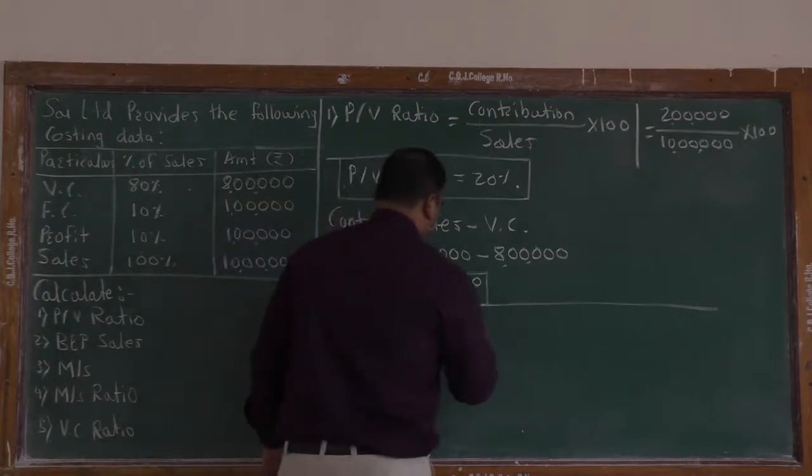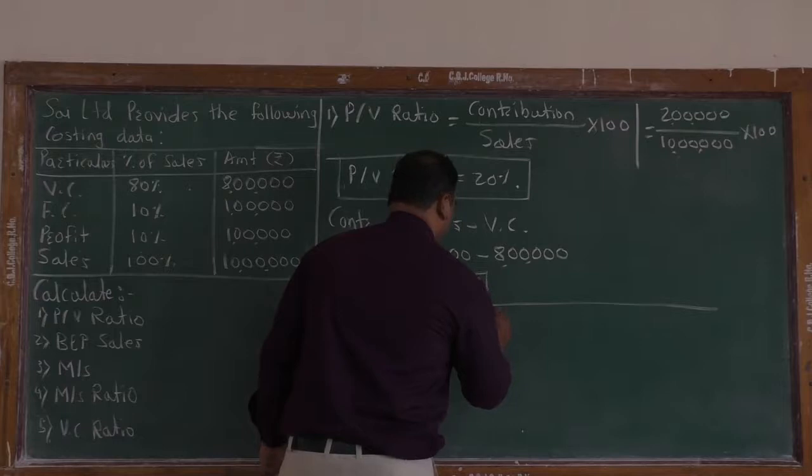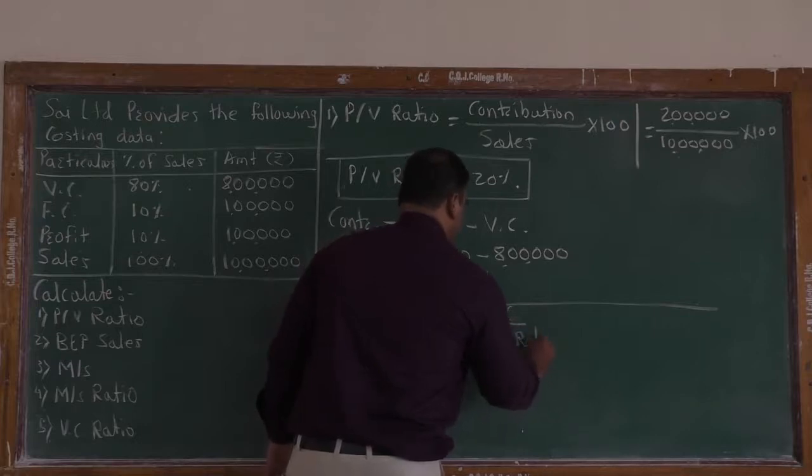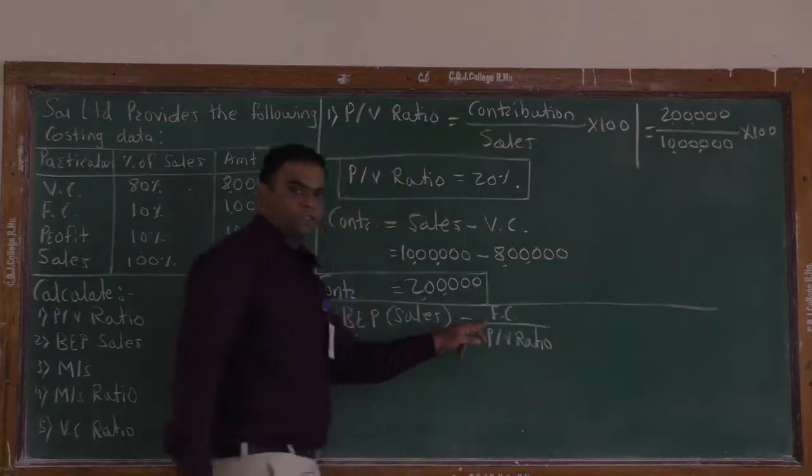That's why the formula to calculate break even point in rupees is fixed cost upon PV ratio.